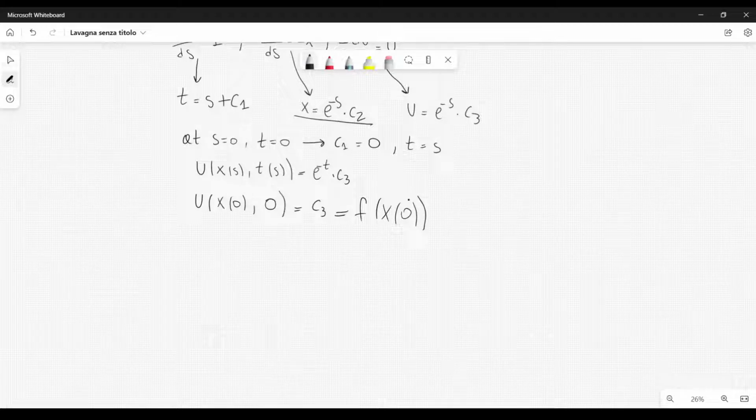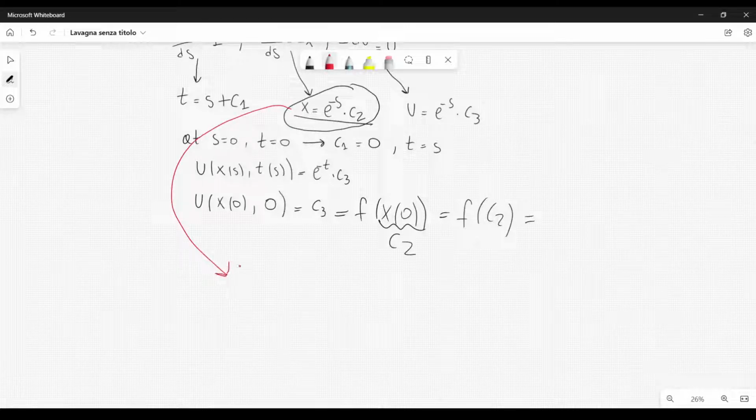But what is x of 0? x of 0 is equal to c2. You can see it from this condition, because if s is equal to 0, we get x equal to c2. So this is f of c2, which means that c3 is a function of c2. And let's do one more step. From this equation here, we can also rewrite c2 as x times e to the s.